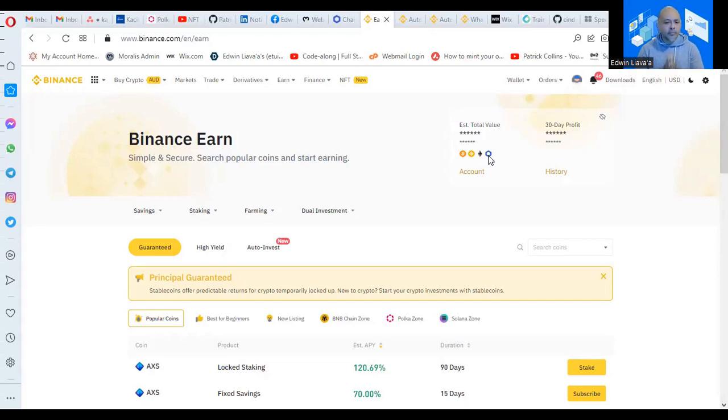What's important is that you do your research, and remember, very important, that you also invest in a stable coin. This is your leveraging tool, because the stable coin is compared to the fiat currency, and while you are on flexible, high yield or locked savings, you can still earn a percentage on it.